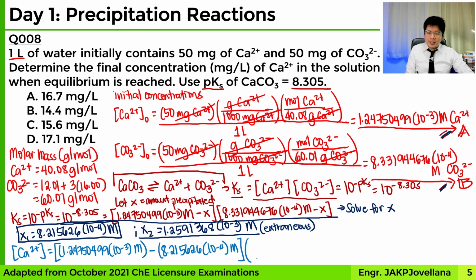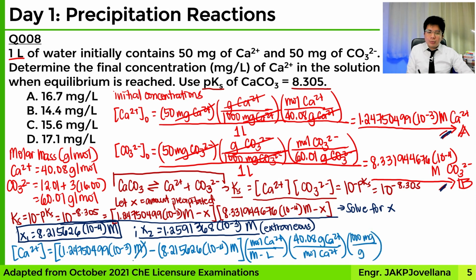So, molars here is equivalent to moles of Ca2+ per liter, and then convert this to grams, 40.08 grams Ca2+ per mole of Ca2+, and lastly convert into milligrams. So we have 1,000 milligrams per gram.